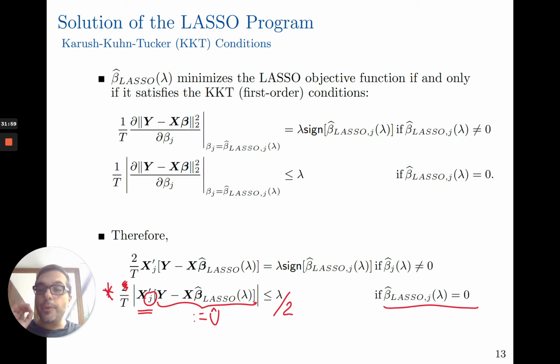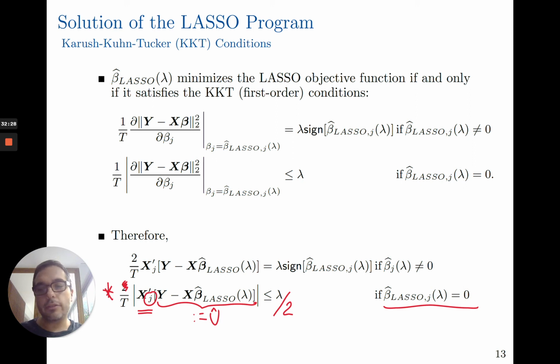So this is really, really important, because people tend to believe that the zero coefficients are directly related to lambda. And I see several papers saying that the coefficient of one specific variable is estimated as 0 because the true coefficient is less than lambda.